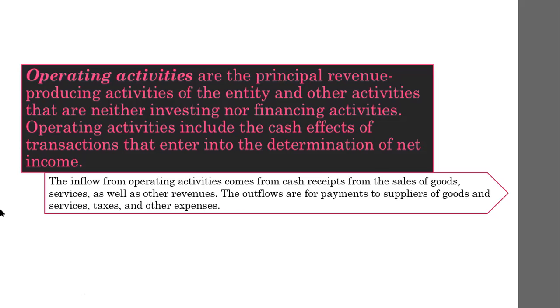Then, yung outflows naman po are for payments to suppliers of goods and services, taxes, and other expenses. Okay? Di ba sa income statement, nililess po natin lahat ng expenses doon, lahat ng expenses sa business. Kung naaalala niyo pa yung pinag-aralan natin sa income statement, makikita niyo doon yung service income or revenues, or sales of goods, then nililess po doon yung different expenses ng business.